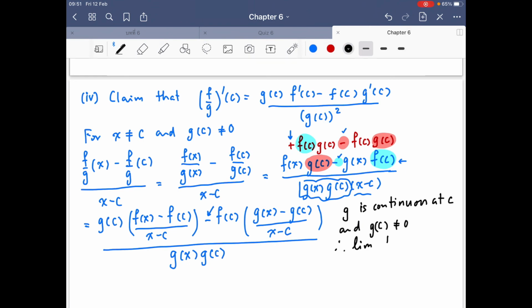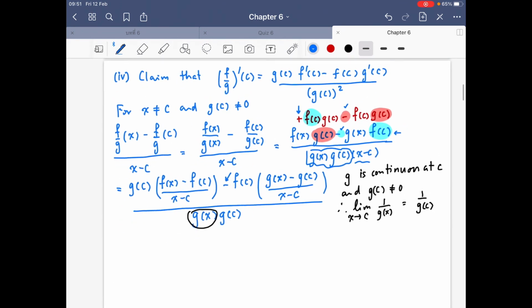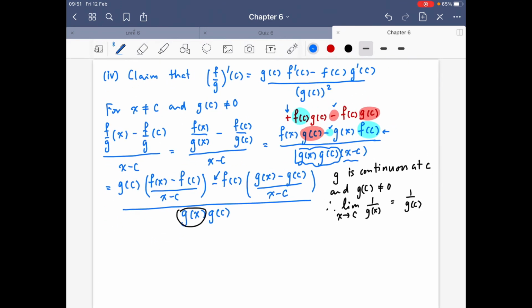So the limit of 1 over g(x) as x goes to c is 1 over g(c). So it will take care of this term. So immediately you can insert the limit to the left hand side and the right hand side.